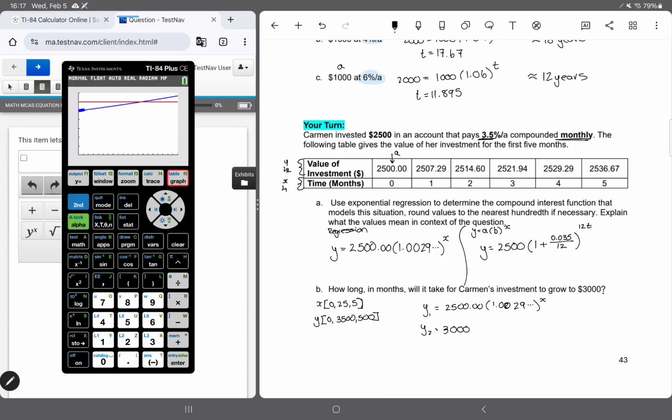Now I can see my intersection. Second calc, intersection. So x equals 62.6 months. So she will reach $3,000 in about 63 months.